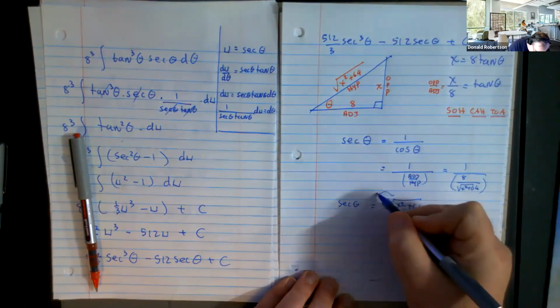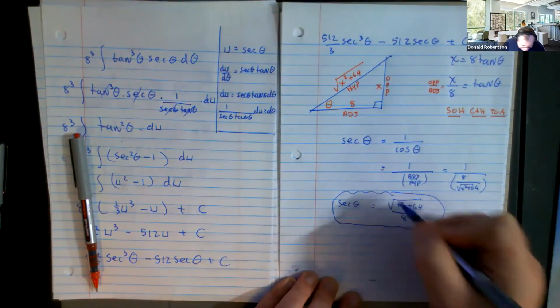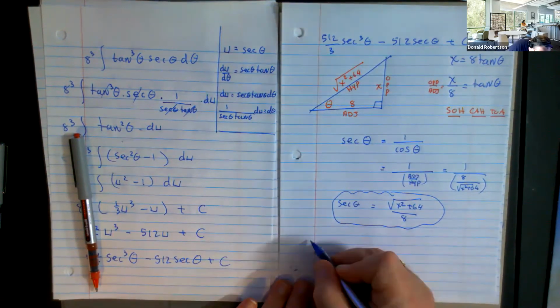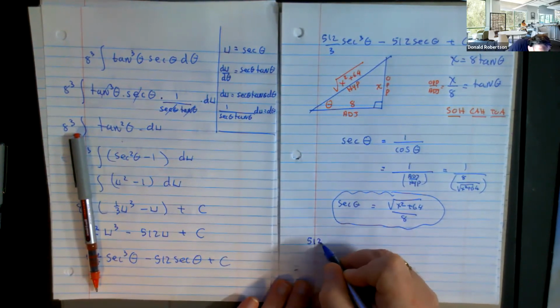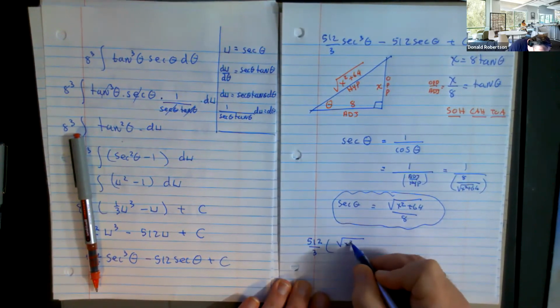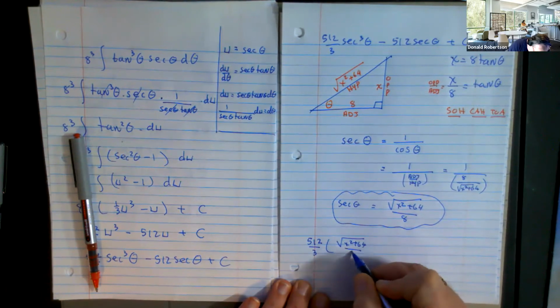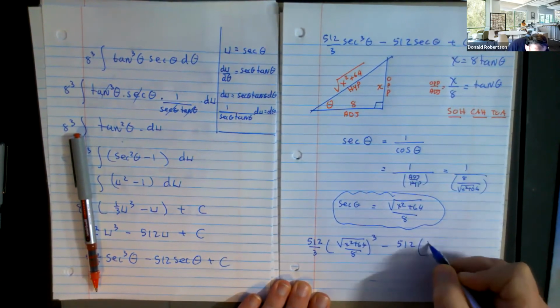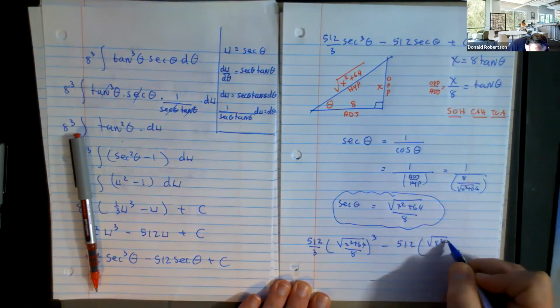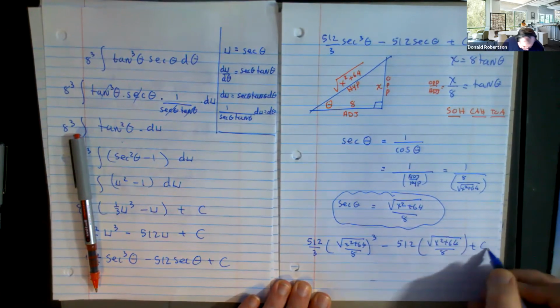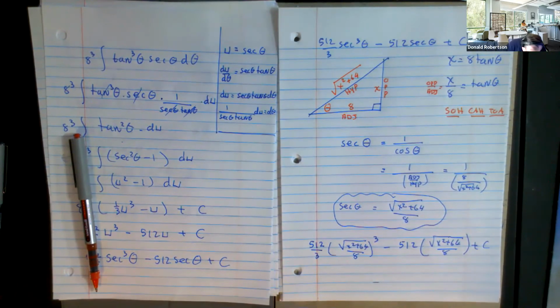And now I can plug it in here and here, and we're pretty much done. So what's it going to be? 512 thirds secant cubed, take away 512 secants. Okay, not too much, but I can do a bit. 8 cubed, what's 8 cubed when it's at home?